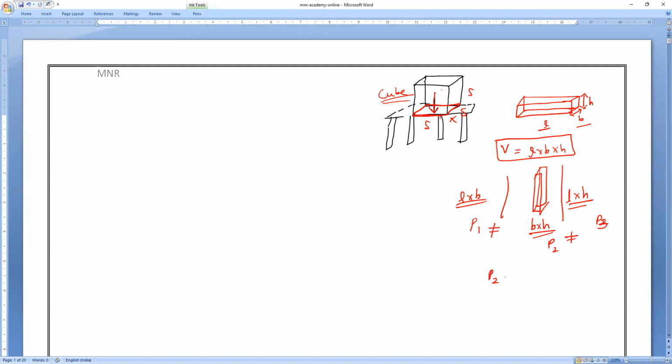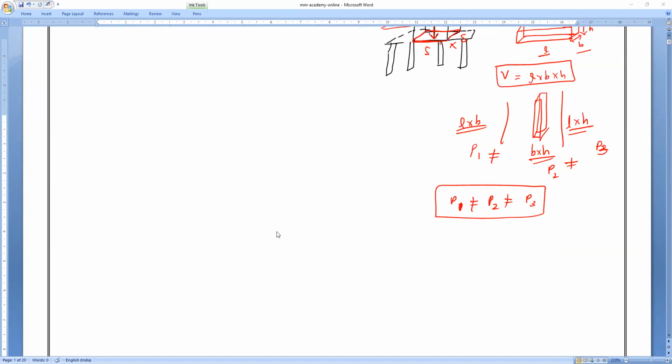The pressure is not equal, because the contacting area with the ground is different. As the contact area is different, the pressure exerted by the cuboid is also different on the ground.